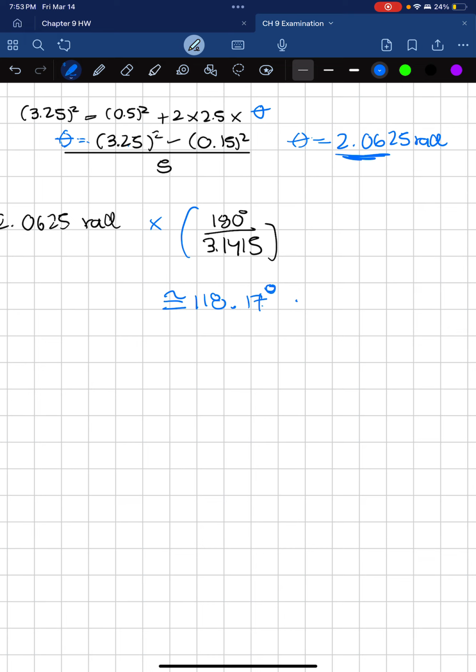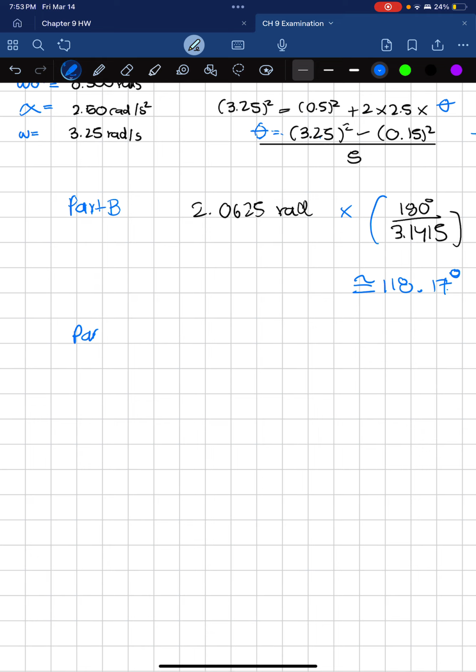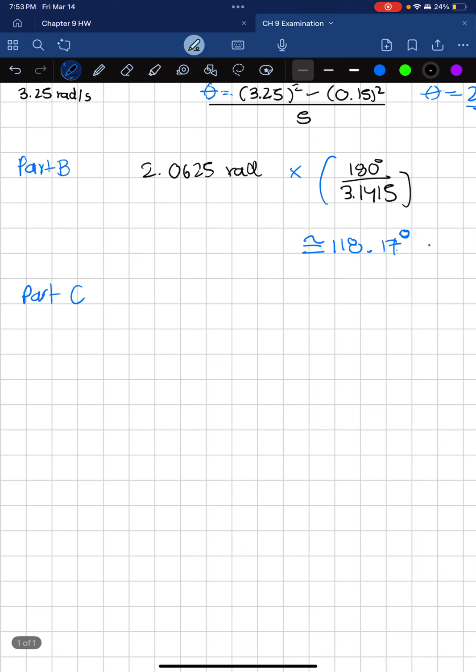Okay, let's see. Part C. Calculate the angle from part A in revolutions. So we're going to do the same, but in this case, we're just going to do it by revolutions. One revolution is going to be 6.2831 radians.